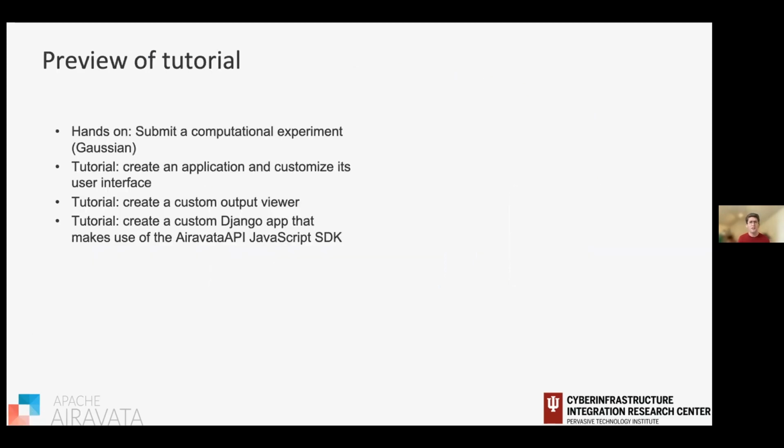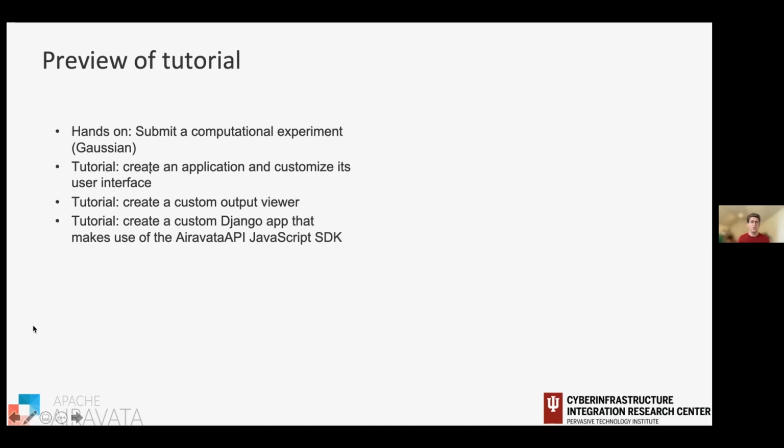Let me take a look at my time here. So just a quick overview. We're going to exercise that out-of-the-box functionality in the portal by submitting a computational experiment using a computational chemistry code called Gaussian.